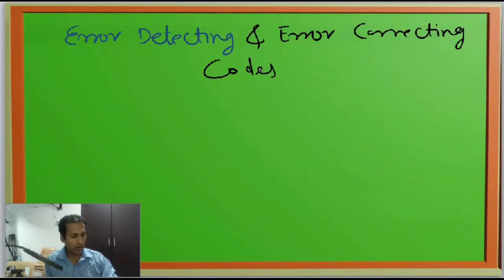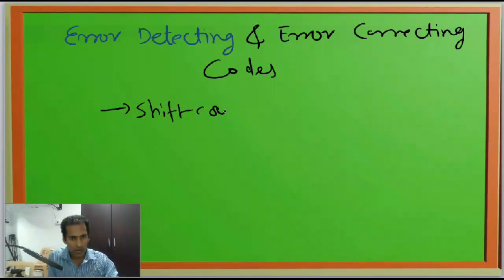So binary codes may also be error detecting codes or error correcting codes. Codes which allow only error detection are called error detecting codes. Like the shift counter code or 2 out of 5 codes are error detecting codes.